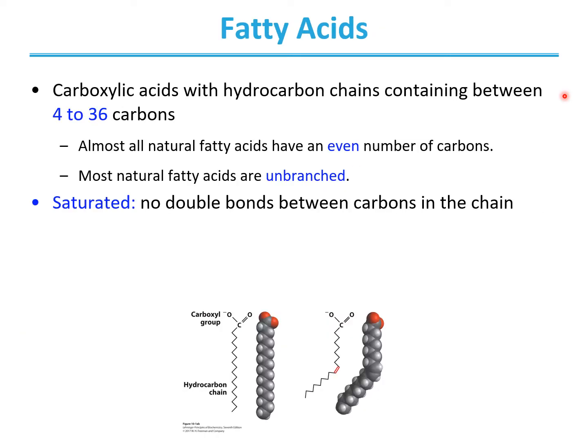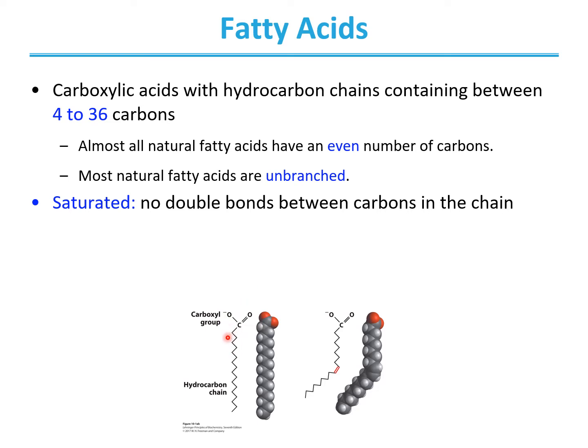Let's focus now on fatty acids. So what are fatty acids? These are carboxylic acids. You can see here two examples of fatty acids. They are carboxylic acids because they have a carboxyl group here, which gives their acidic properties.